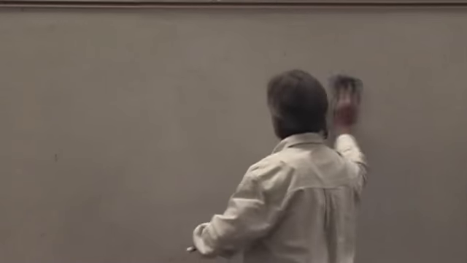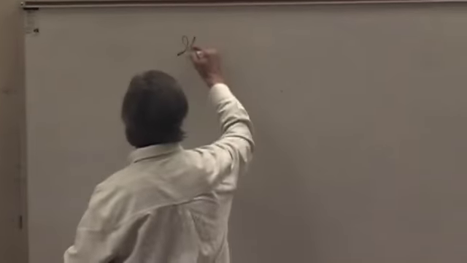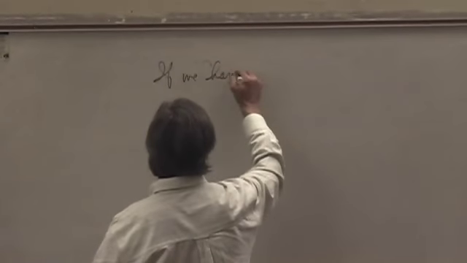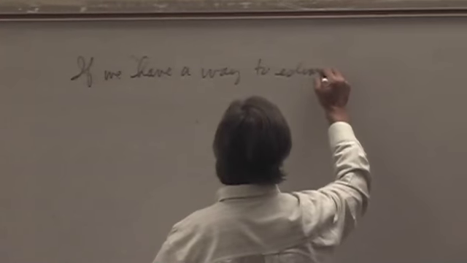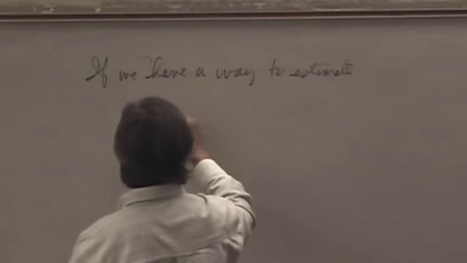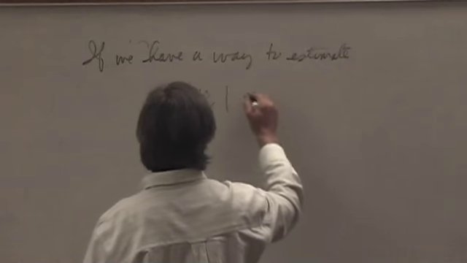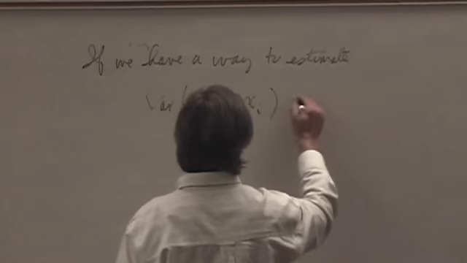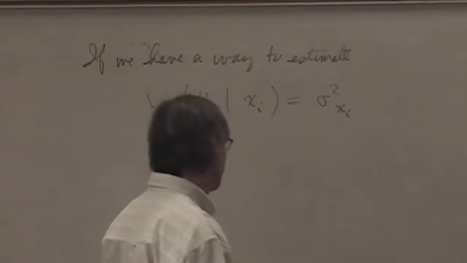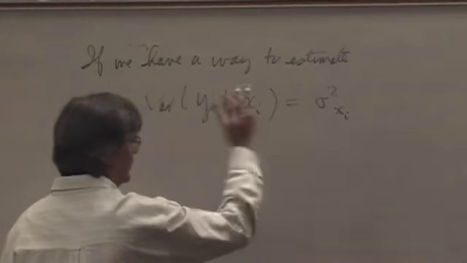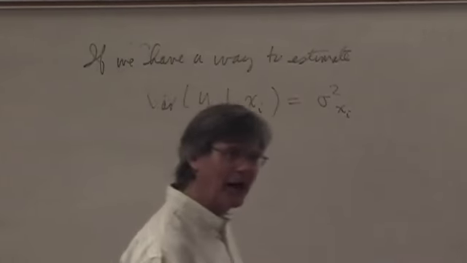We've assumed the errors are uncorrelated, but if we have a way to estimate the variance of y given xi equals sigma squared sub xi, or sigma squared i. You could put lots of notations. Some people will call it sigma squared sub y too, because y depends on i.